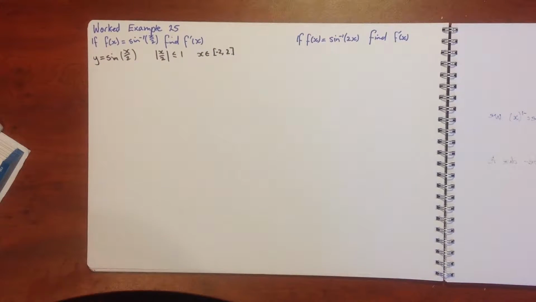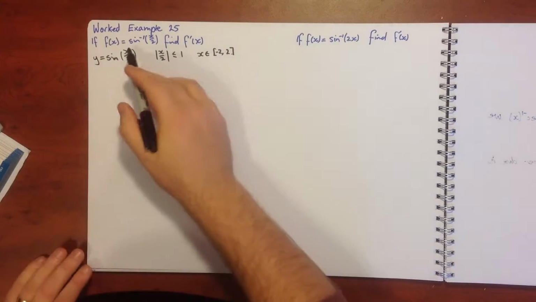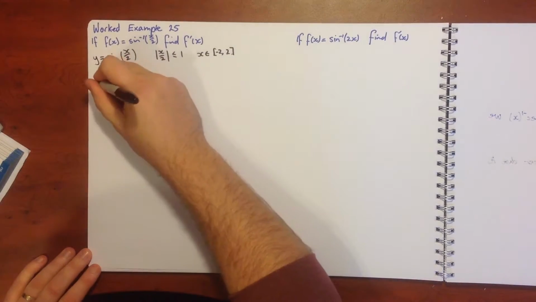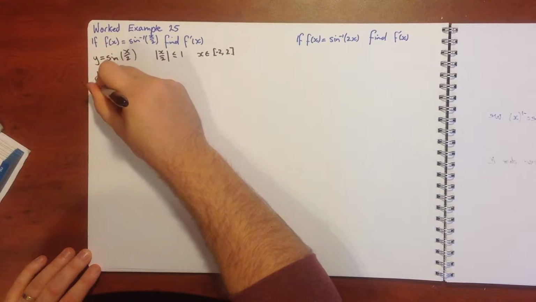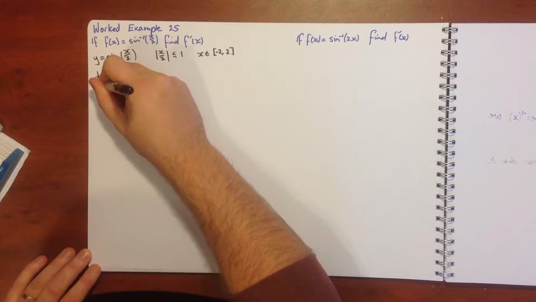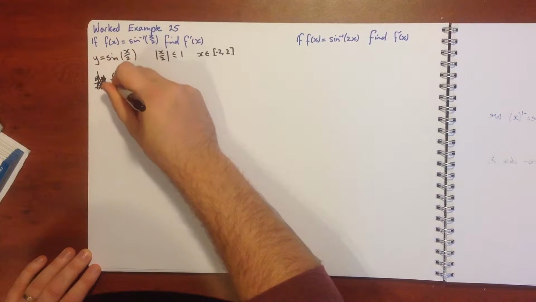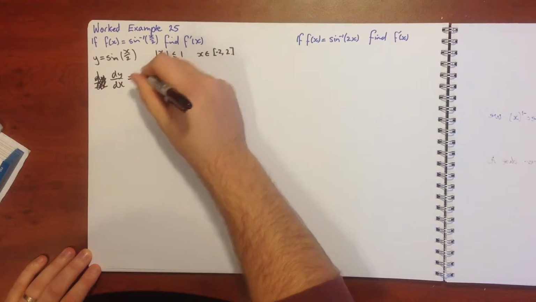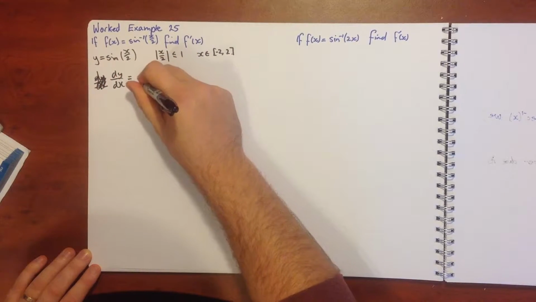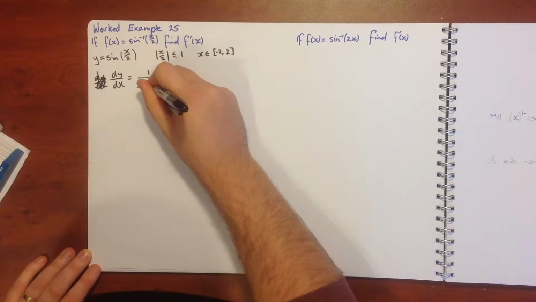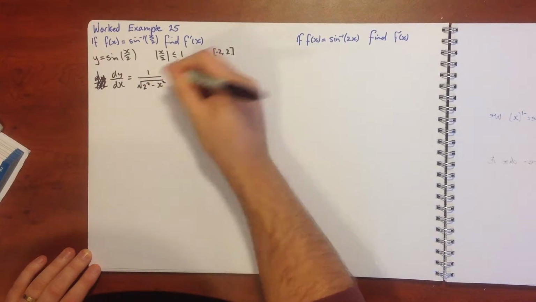So we can use our rule for this one. We can say our dy/dx is equal to 1 over the square root of 2 squared minus x squared.